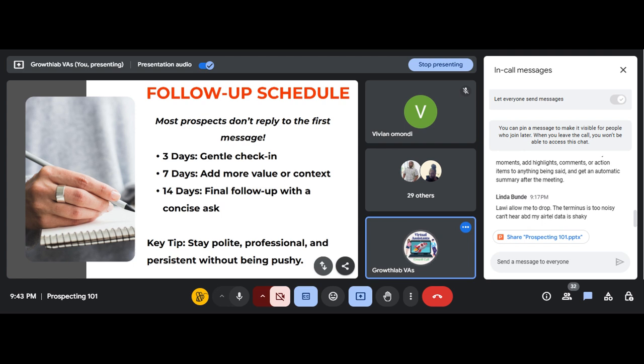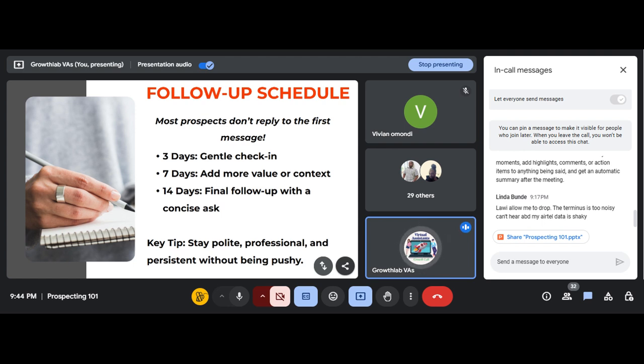Then, of course, the prospecting we just talked about was the first contact. And if you're doing a cold email or message, most prospects will not reply to your first message because they assume you are a scam or spam and they let you be.